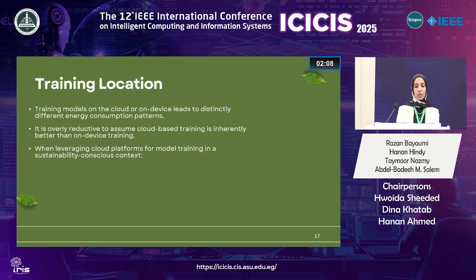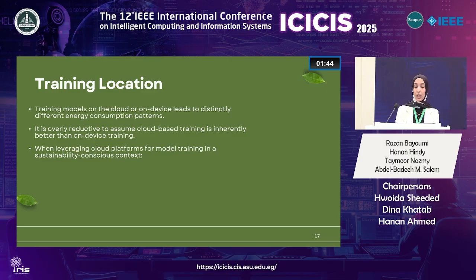The training location is the one that most people don't pay attention to. The training location varies in the amount of carbon emission that will be produced in the training phase. We can choose on cloud or on device. Why does this matter?